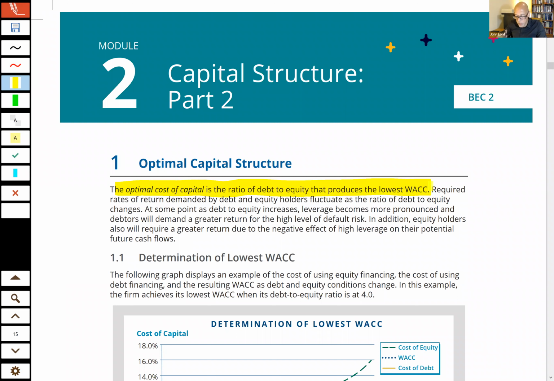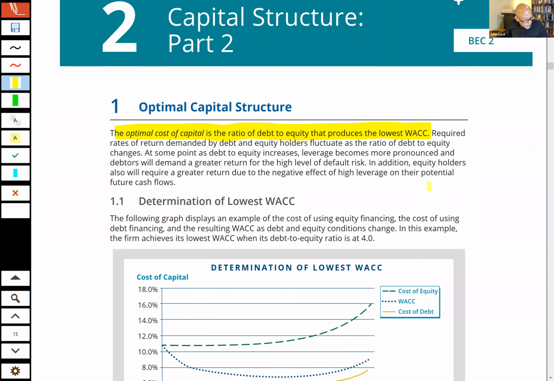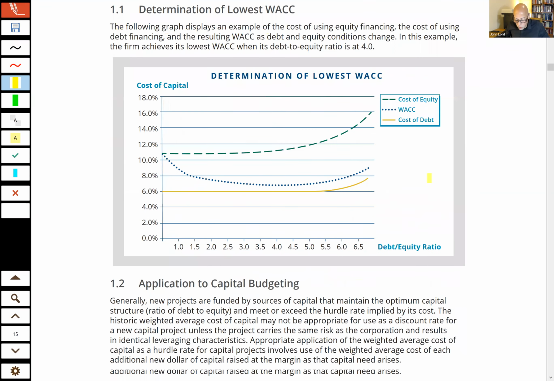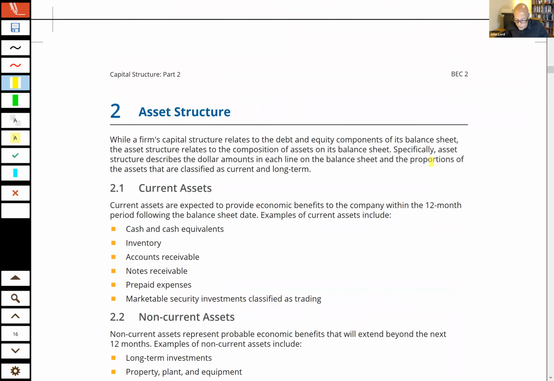Now that we understand how to calculate the weighted average cost of capital, how will we determine the appropriate mix between the debt, the CDP, and the E to optimize the wealth of the company? Let's take a look at how loan covenants can affect capital structure.